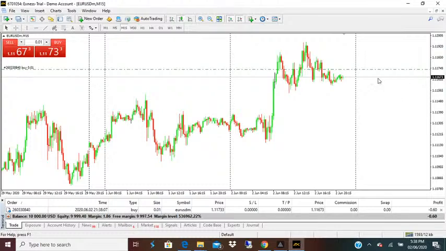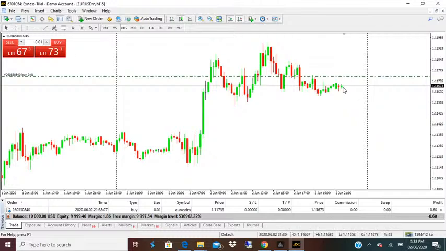Now my line is here. Here is where the market price is presently right now, right? Here is the market line, but the market entered me here because the ask line is up here, right? This is where my entry would be.